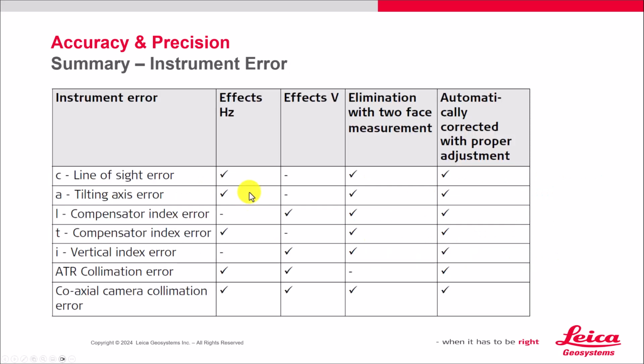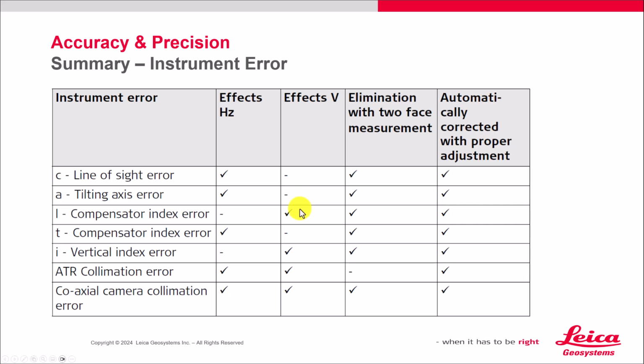Let's take a look at the summary of the instrument errors. So we've talked about the line of sight, tilting, compensator index error, I and T, the vertical index error, ATR collimation, so a tracking error, and a coaxial camera collimation. So almost all of these affect the horizontal except for the compensator index error, I, and the vertical index error.